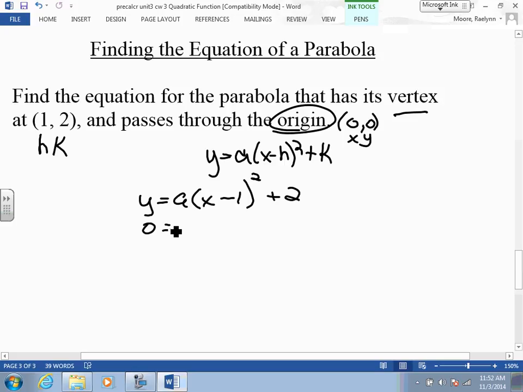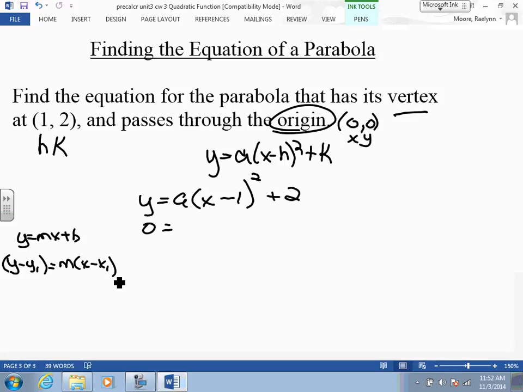Do you guys remember y equals mx plus b? Do you remember the point slope formula? Sometimes you had a point and you had a slope. And we always said, oh, you don't have to use this one. You can do this, find b, and then plug it back in because you can have a value for x and for y. Do you remember when we did this? Not really? This works the same way.